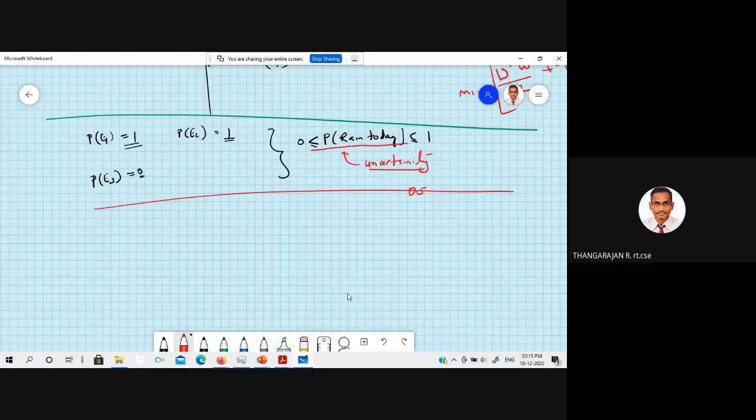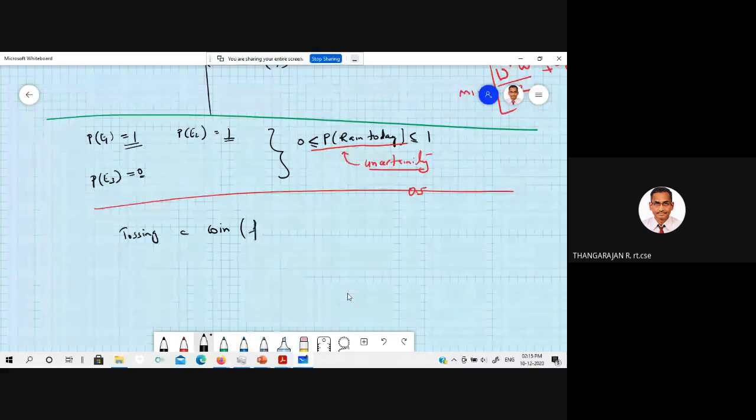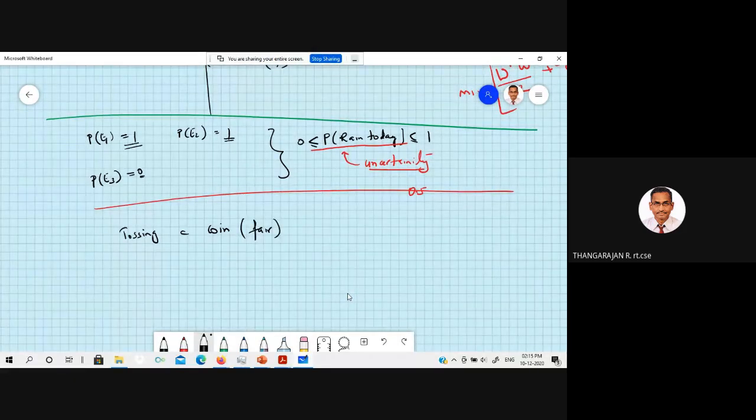Now take the example of tossing a coin, where the coin may not be fair. A fair coin means a coin which is perfect.